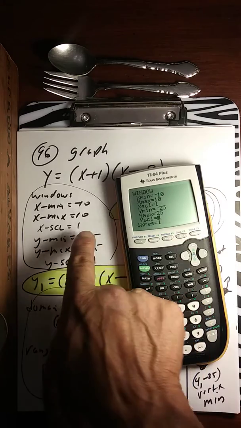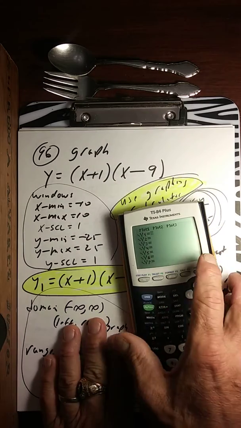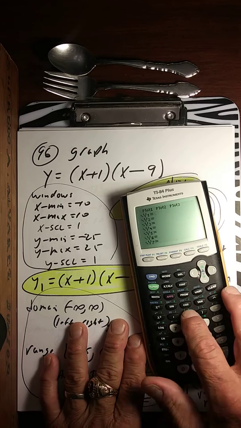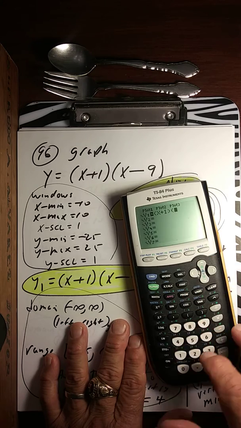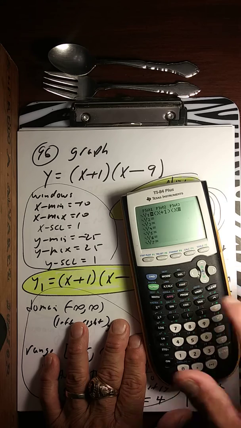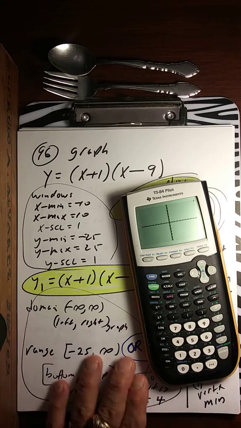So negative 10, 10, negative 25 and 25. And the graph is parentheses, x plus 1, close parentheses, parentheses, x minus 9, close parentheses, hit graph.